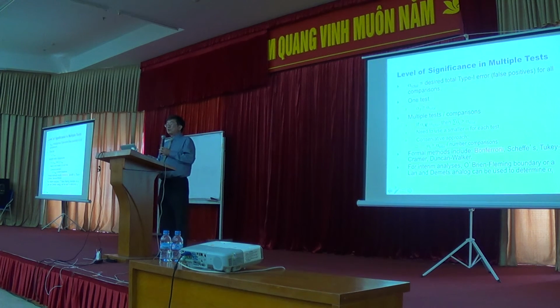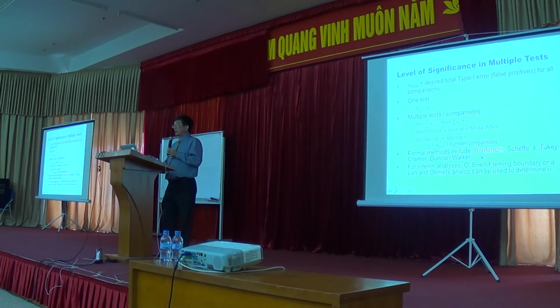The most conservative way is to divide by the number of comparisons. For example, the p-value is 0.05, and if you're doing 5 comparisons, you divide that by 5 and consider a p-value less than 0.01 to be significant. That's the most conservative way, but there are formal methods.